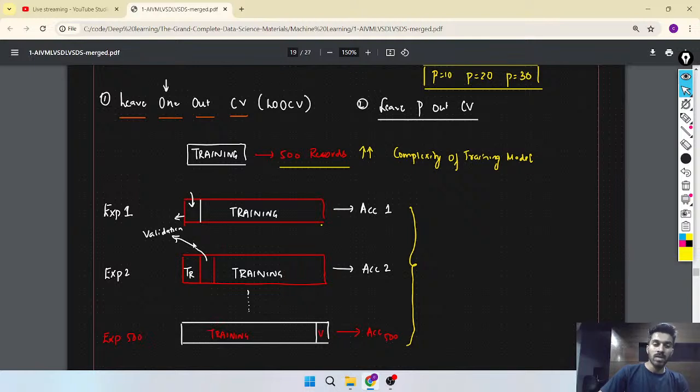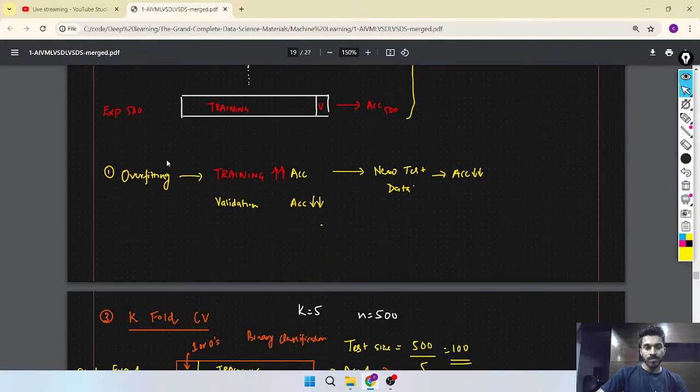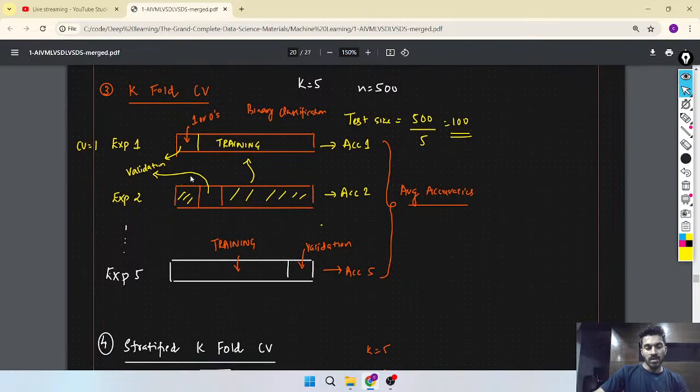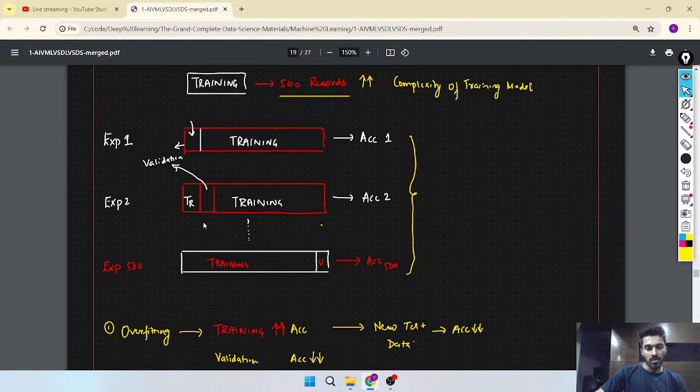Every time you give 10 data points to validation; in the next epoch you give the next data points to validation, and in the third epoch you give points 20 to 30 to your validation data set. Now coming to overfitting, training accuracy, and this is the new data set. That's K-fold cross validation, which I have told you now. And the experiment is the same.